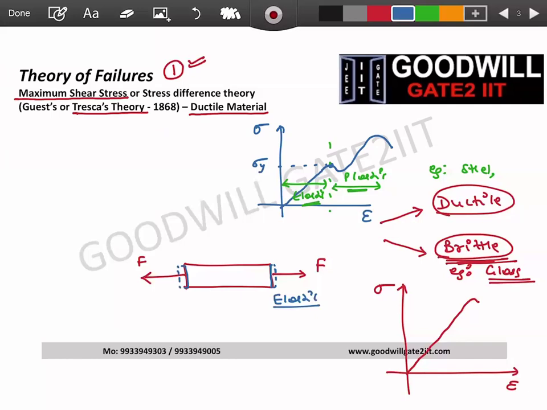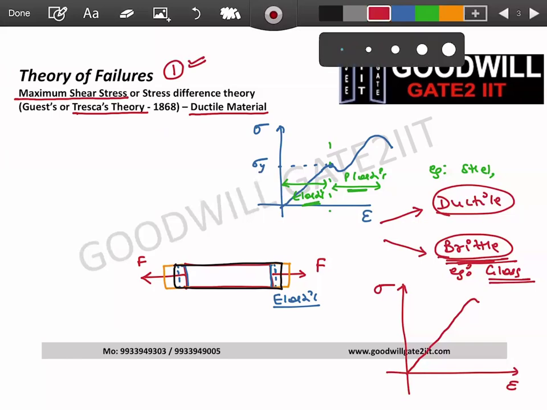But if you apply more load, let's say you stretched it this much, and when you leave it, it came back only till this point. So this bar becomes something like this. The original shape has been permanently changed because of plastic deformation. So this is a failure, right?